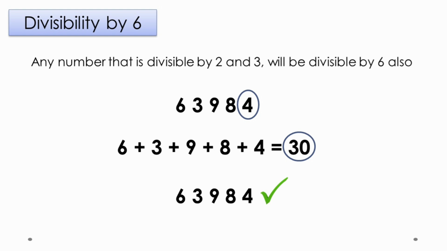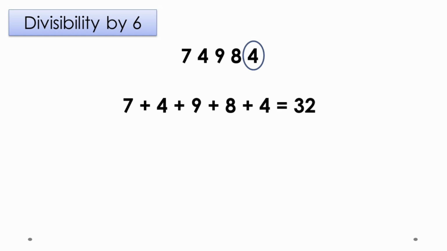Let's take one more example and change the number a bit. Let it be 74984. The last digit of the number is 4, which is even and hence divisible by 2. Let's check the divisibility by 3 now. Adding all the digits 7, 4, 9, 8 and 4, we get the sum as 32.